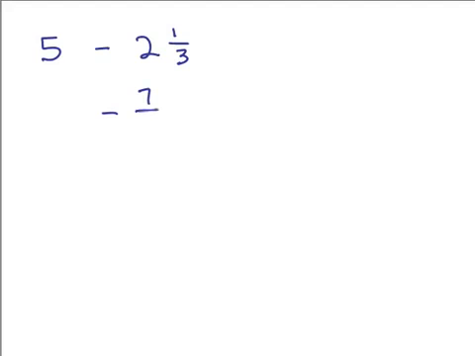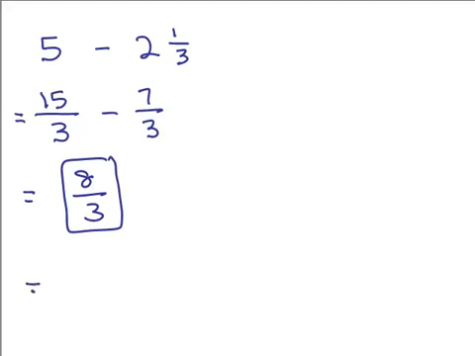The numerator would be 7/3. Okay, so I know I want the denominator to be 3, and so 5, using the technique we've been going over, would be what over 3? That'll be 15 over 3. Remember, you just multiply the 5 times 3. And so then we have 15 minus 7 in the numerator. That'll be 8/3. Okay, written as a mixed number, that'll be 2 2/3.